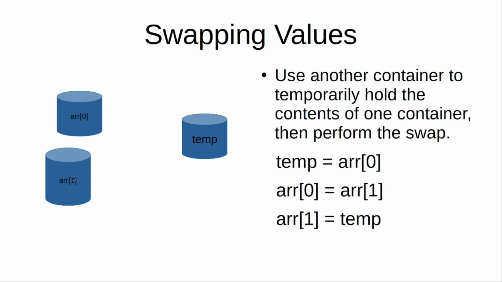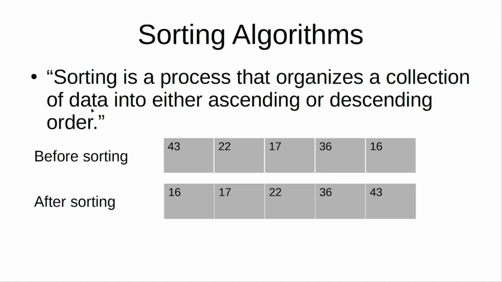And then for the array at the second position, we store the value of whatever was in temp. This means that none of the values got overwritten in this process, and none of them were deleted either. This is a common technique that sorting algorithms use to perform sorting. So we'll move to the next slide.